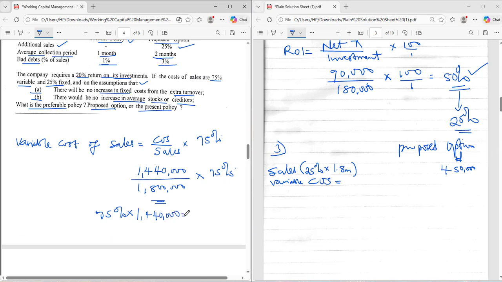Can somebody run the first one for us? 1440 divided by 1.8 million gives 0.6, which is 60%.